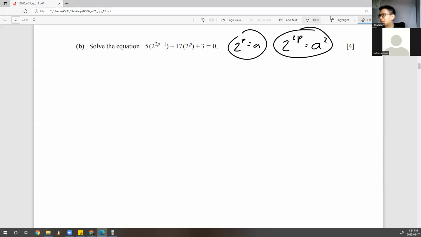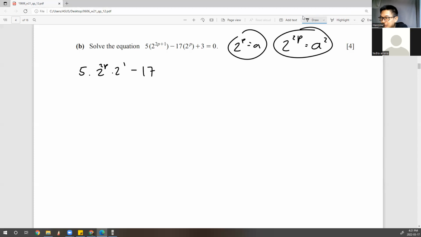Okay, now multiply first. No, before we multiply, we try to separate the plus. So I can just write like this, right? 2 power 2p times 2 power 1. And then you can open the bracket because everything is multiplication, so you don't have to do the rainbow rule. If you do the rainbow rule, you will get a mistake.